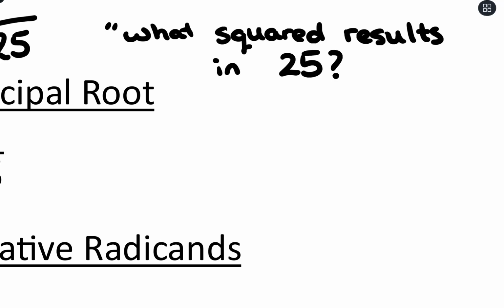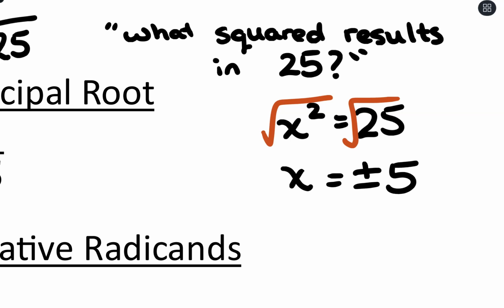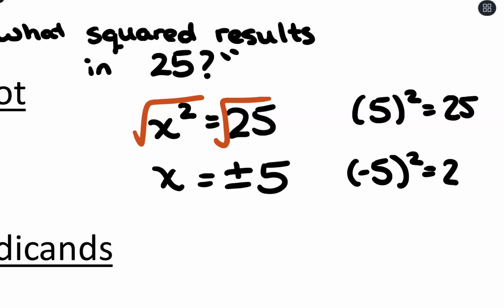Now, if you reflect on when we were solving quadratic equations and say I was thinking of x squared equals 25, and we took the square root of both sides, what we ended up with was x equals plus or minus 5. We had the positive and the negative because 5 squared is 25 and negative 5 squared is also 25.